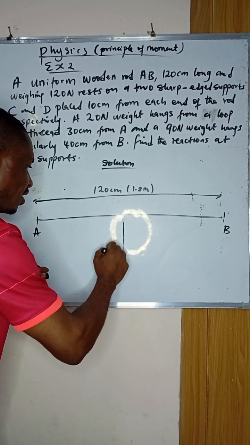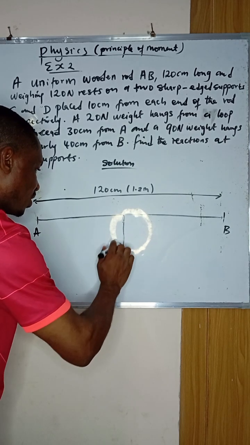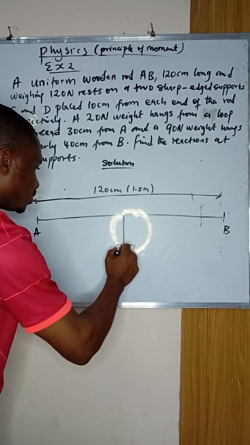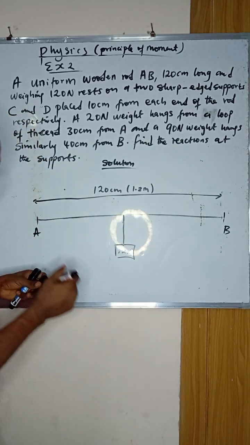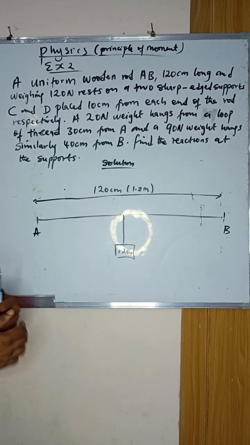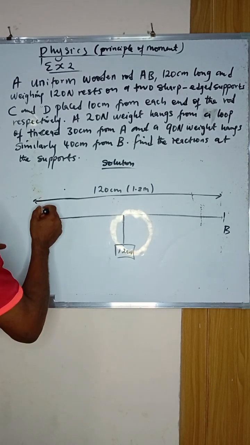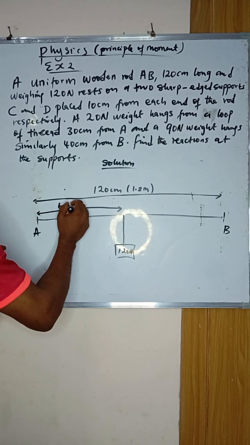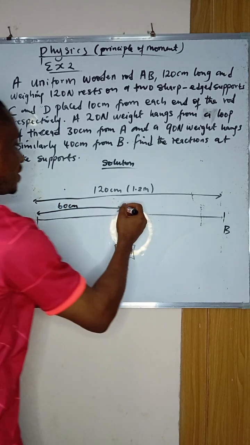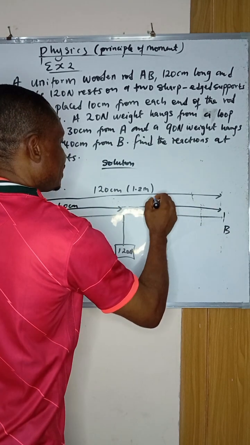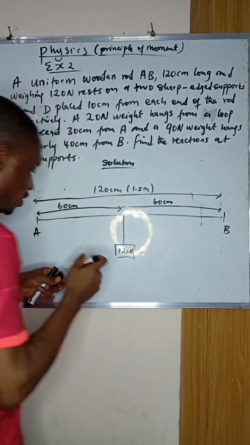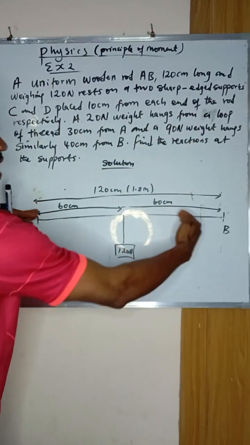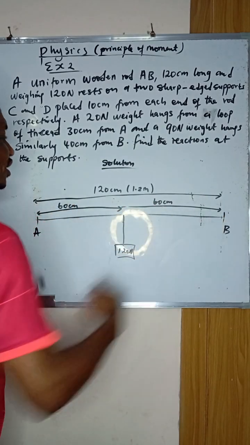This is the weight of the rod, which is 120 Newton. From here to here is 60 cm, and from here to here, 60 cm. There are two supports, C and D, placed 10 cm from each end.